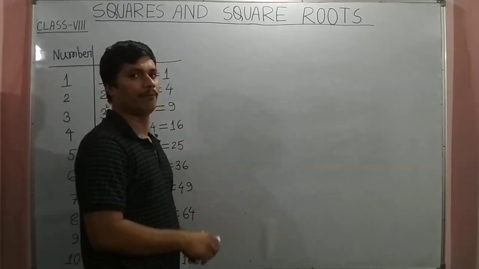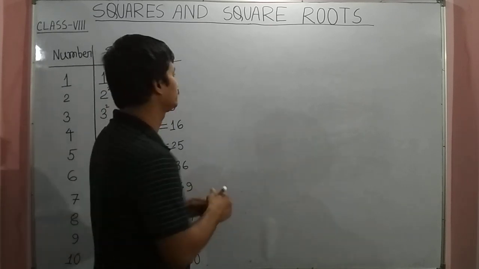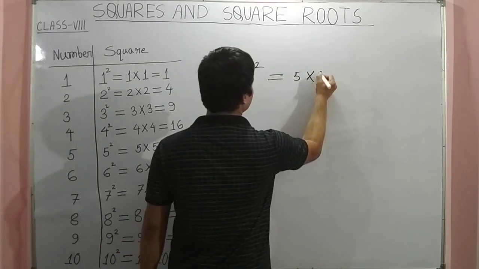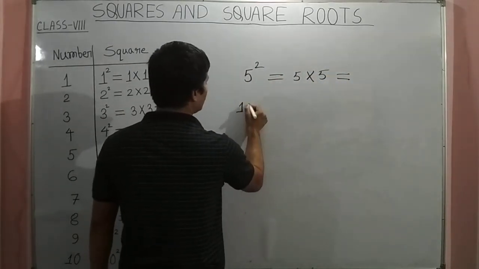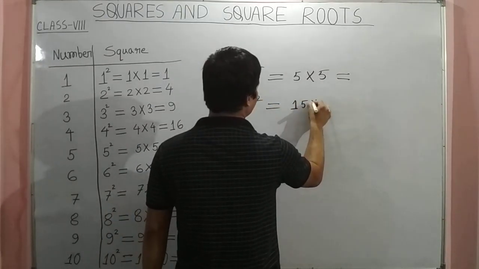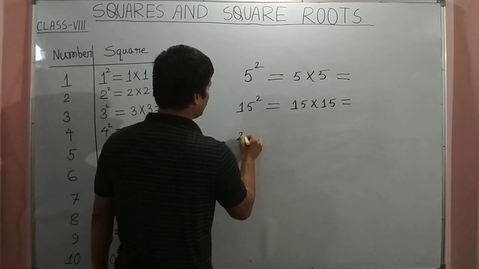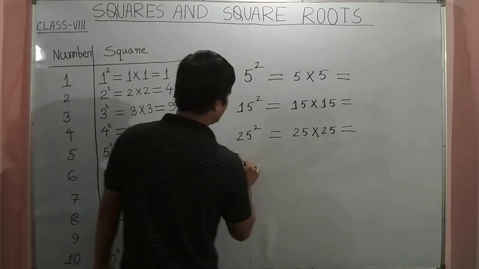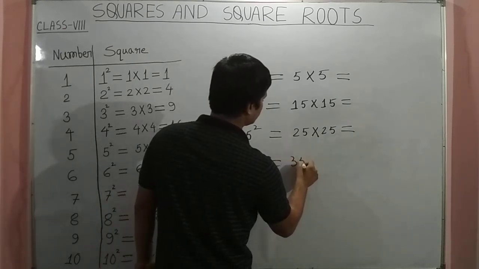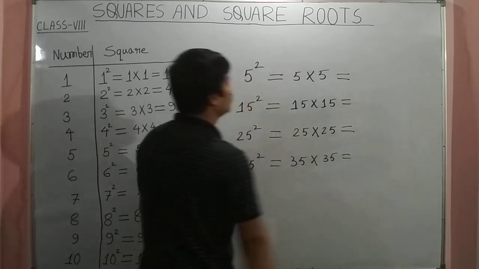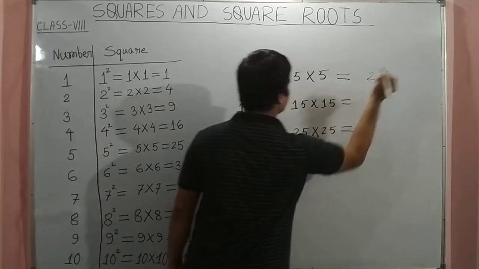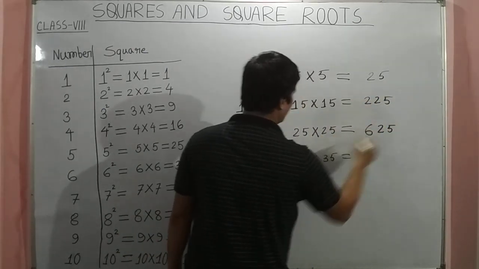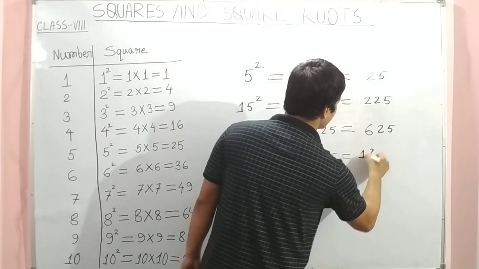Take 5 square, 5 into 5; 15 square, 15 into 15; 25 square; 35 square. Okay, 5 square is 25, 15 square is 225, 25 square is 625, and 35 square is 1225.